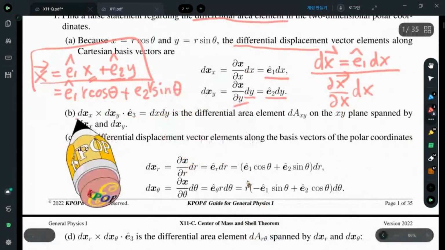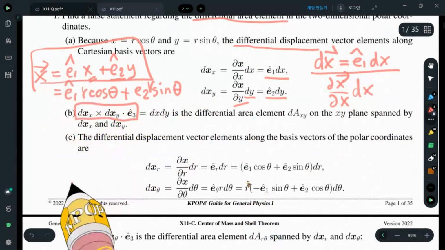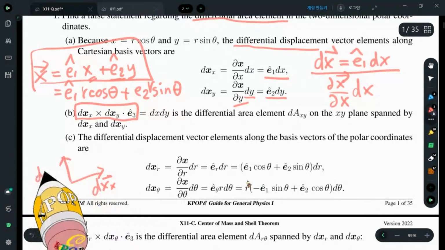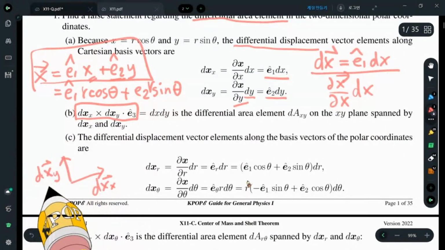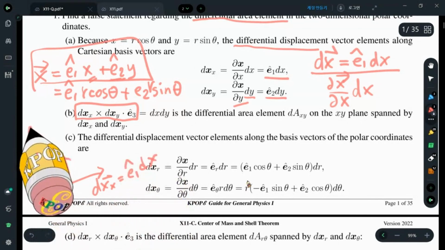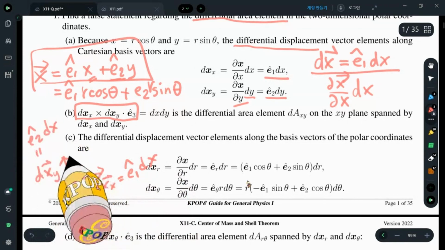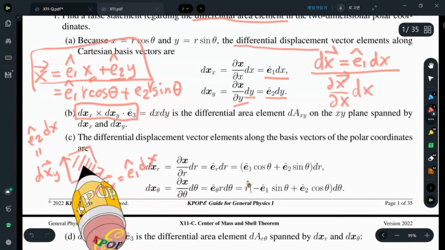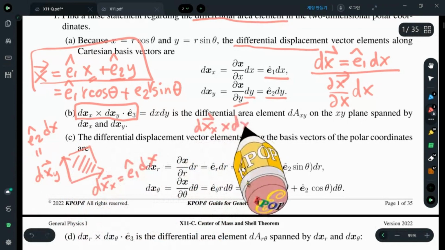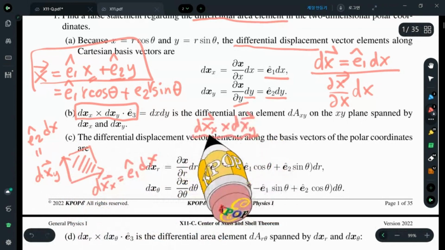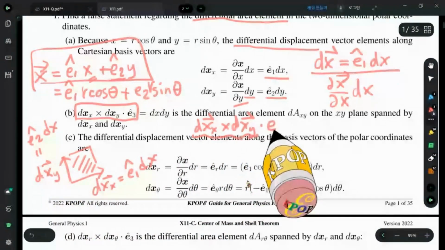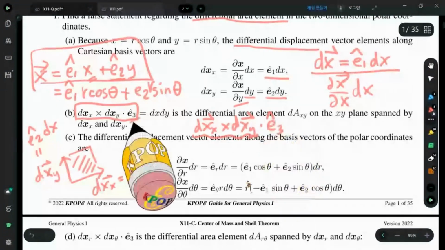What is the area element spanned by this displacement along the x-axis and y-axis? That is E1 hat dx, and that is E2 hat dy. What is the area? This area can be obtained by taking the cross product, and this cross product is always perpendicular to the xy plane, so I multiply the unit vector along the z-axis.